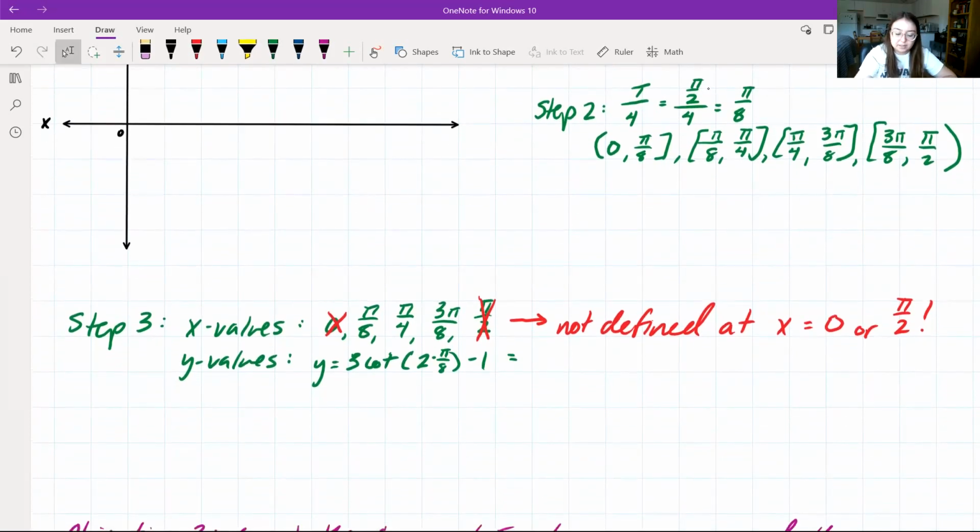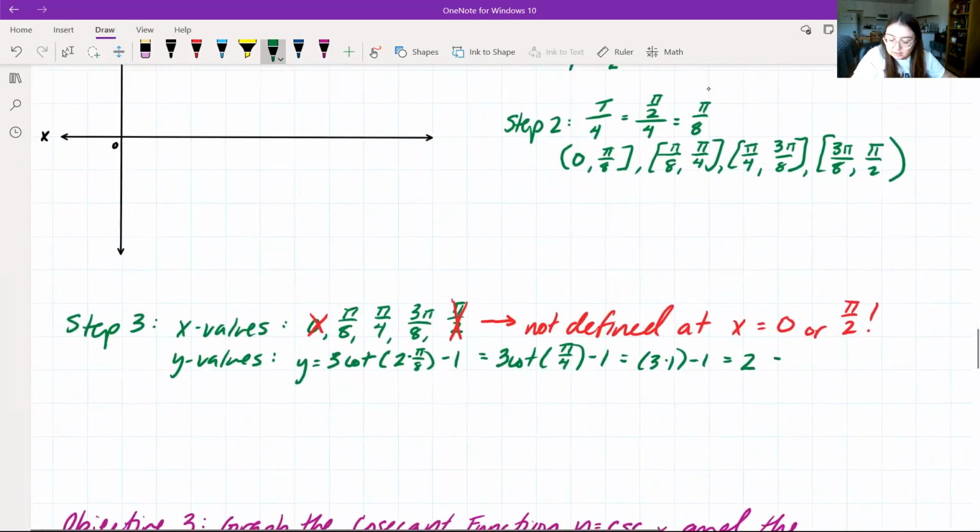So this simplifies to 3 cotangent of pi over 4 minus 1, and cotangent of pi over 4 is 1. So we have 3 times 1 minus 1, which is 2. This means our first key point is pi over 8, comma 2.